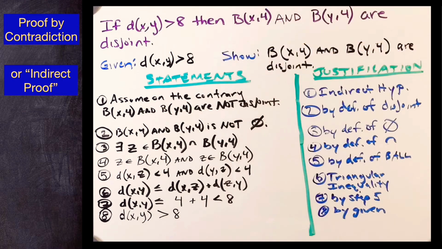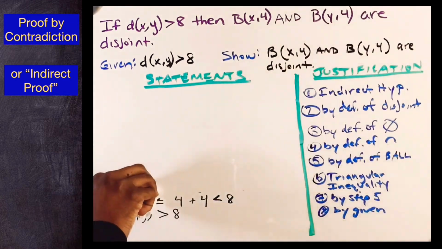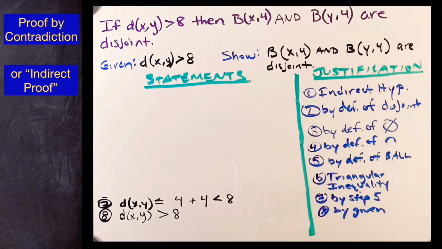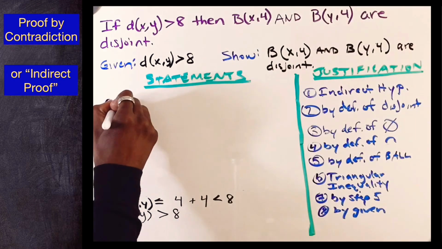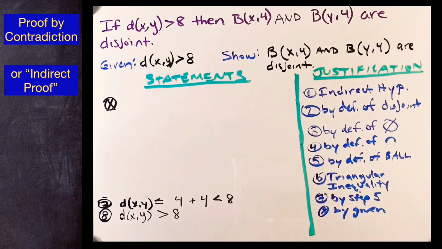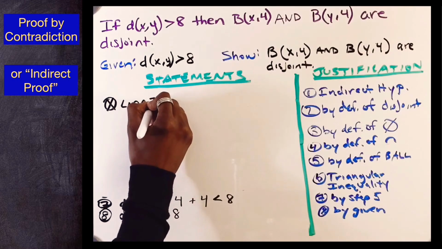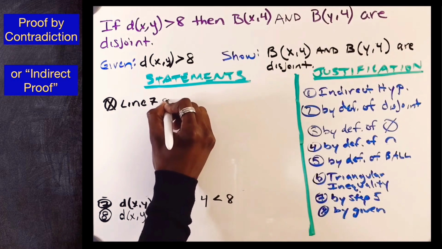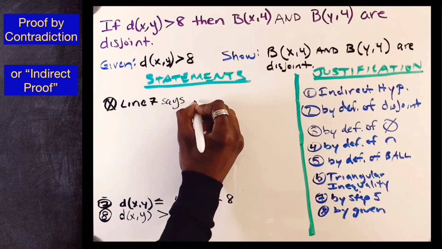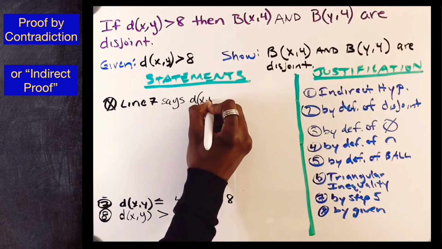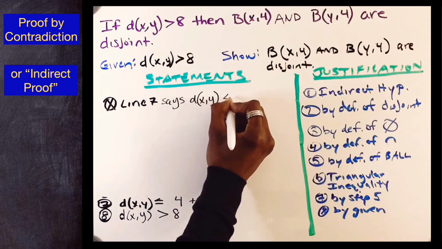So let me erase some of the stuff that I have here and show you a way to verify that a contradiction has occurred in your proof. So the way you're going to do this is you're going to draw a circle with an X in the middle of it. And you're going to simply write that line 7 says that the distance from point X to Y is less than 8.